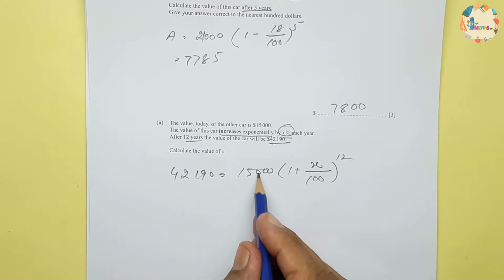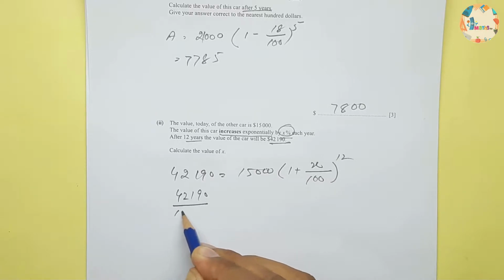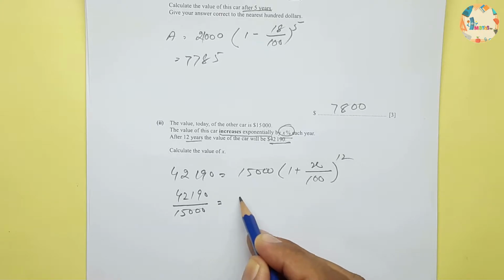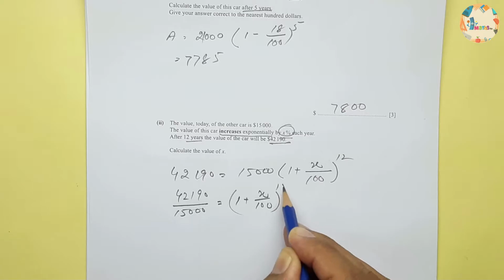years. So we can shift this first. So 42190 divided by 15000 is equal to 1 plus x over 100, whole raised to the power 12.